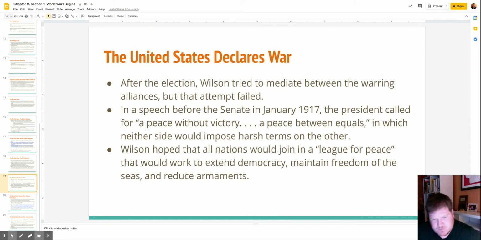But what we're going to find out is that Wilson had these big, massive plans for a League of Nations, like the Justice League, kind of, where everybody comes together and we're friends and we're going to do what's right. He wanted a league for peace, and to extend democracy and maintain freedom. But we're going to see that's a lot harder than he thinks.